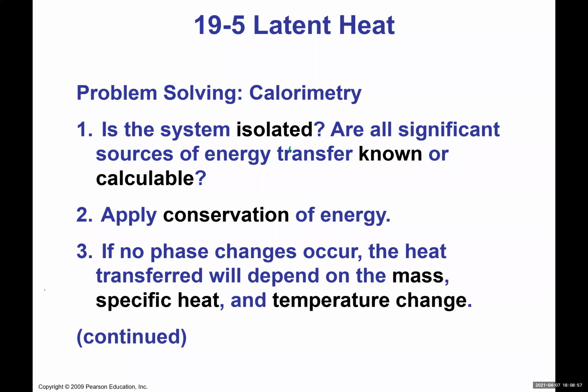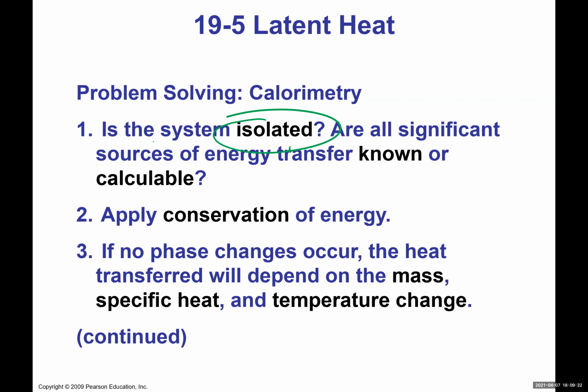All right. So problem solving, calorimetry. Remember, this was the problem that involved an isolated system with mass and amount of energy unchanged inside your system. That means the total energy of your system is conserved. It's just transferred from one part of your system to another, or one object from your system to another, but everything is within your system. So you want to know, is it isolated or not? Can I apply this technique?